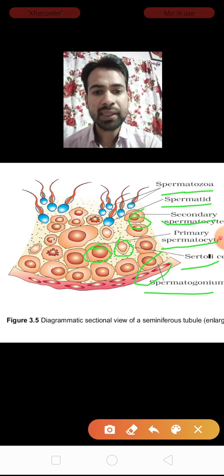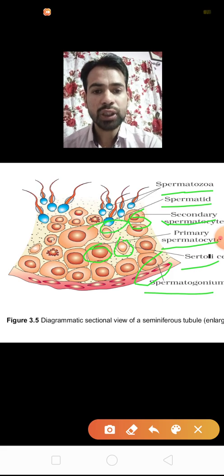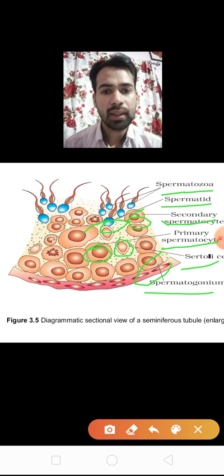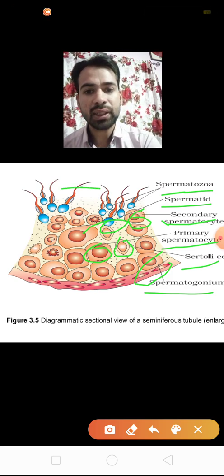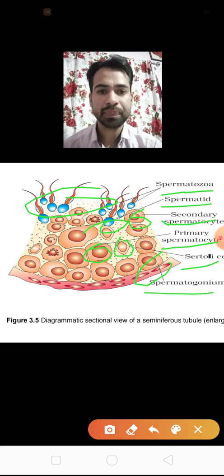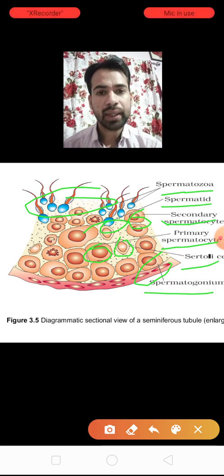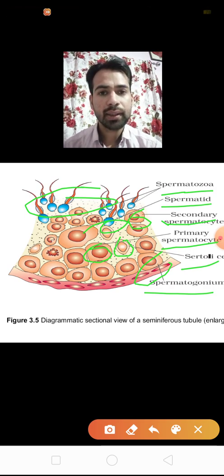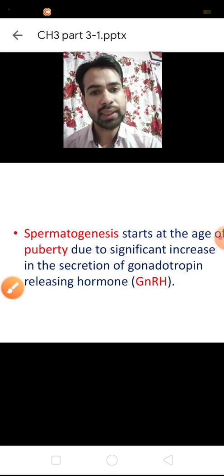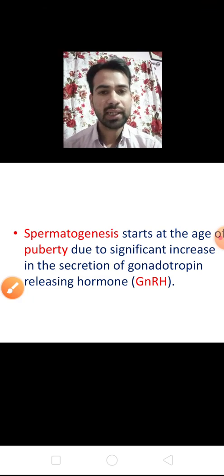Then spermatids, these blue color structures are spermatids, and these sperms you can easily see on your screen. That is sperms or spermatozoa that are formed by spermatogonia. Clear? So this is spermatogenesis that we have discussed.